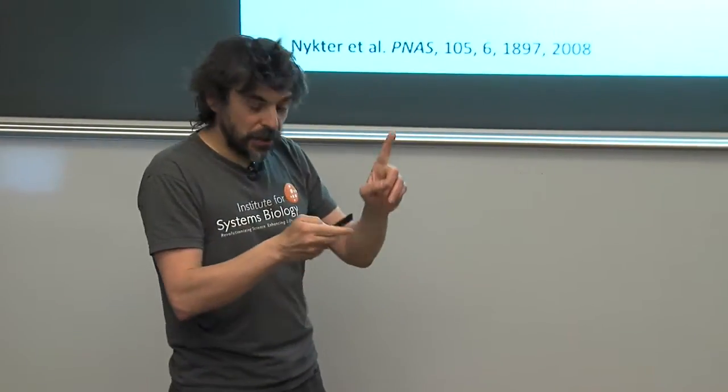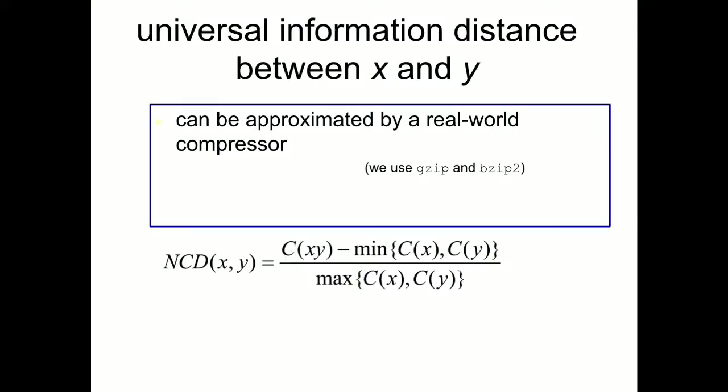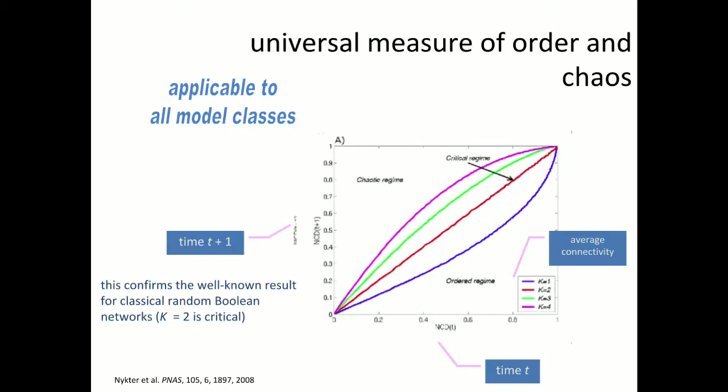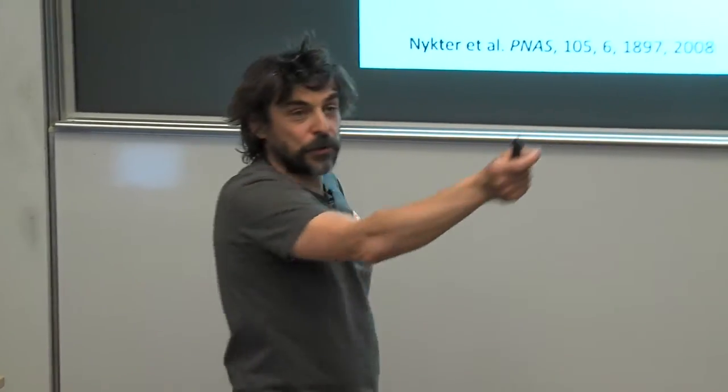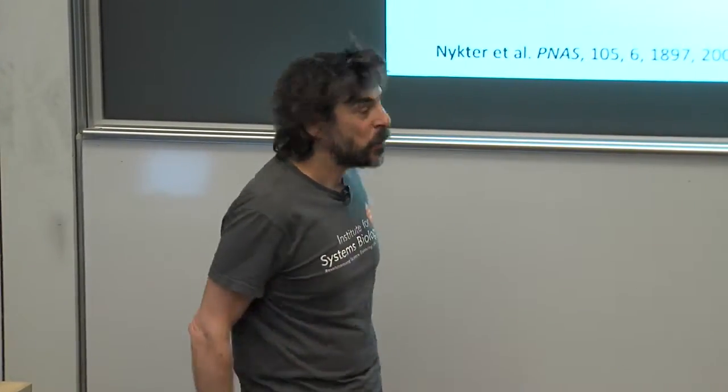So the two states would be x and y at time t, and you plot that on the x-axis. And then you look at their successor states, and you do it again. You plot it on the y-axis. And you do that many, many times, you get a curve. And that's the curve you get. So it's not the distance from t to t+1 on one state. Right, exactly. It's not the distance from t to t+1 on one state. It's always between a pair of states.